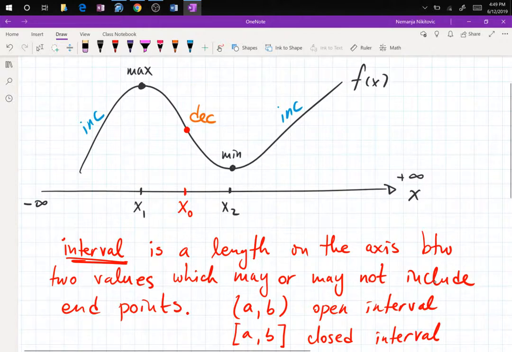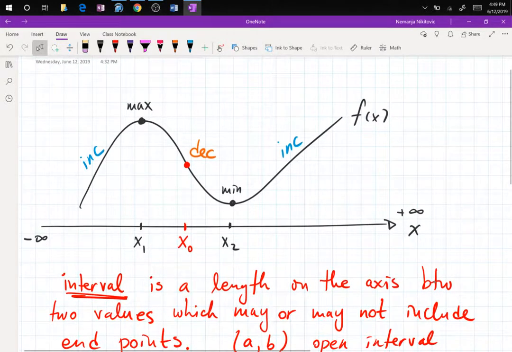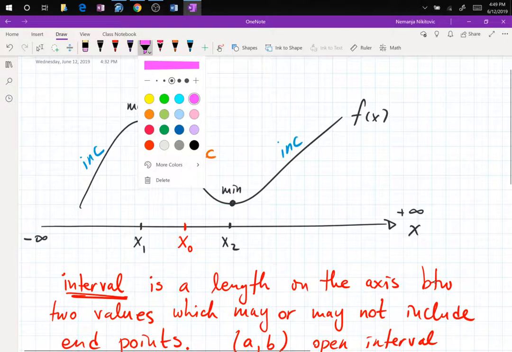Finally, we have this special red dot, which you haven't seen yet. That's the inflection point. Let's use green.